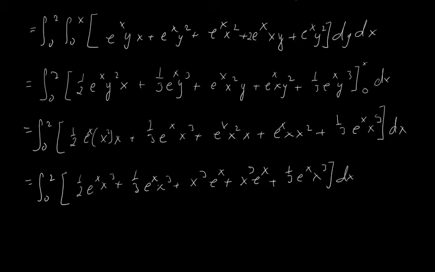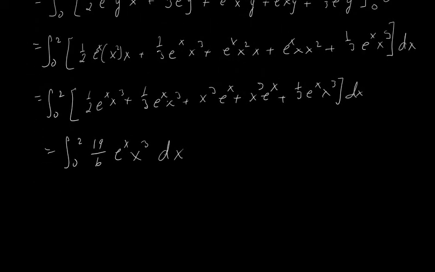So we have 1/2 plus 1/3, get a common denominator, 3 plus 2 is 5, that's 5/6, plus 2, so that would be 12/6, so that's 17/6, plus 2 more 6, that's going to give us 19/6. So it looks like I've got the integral from 0 to 2 of 19/6 e to the x x cubed, evaluated with respect to x.